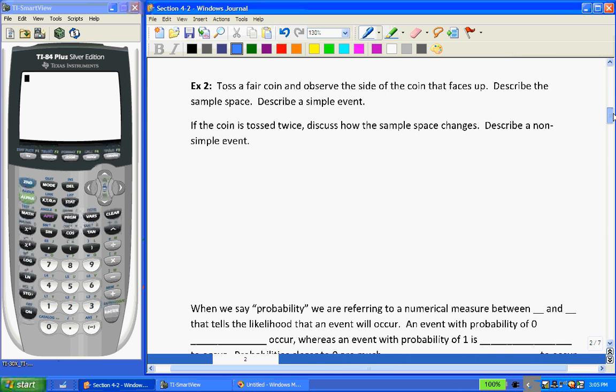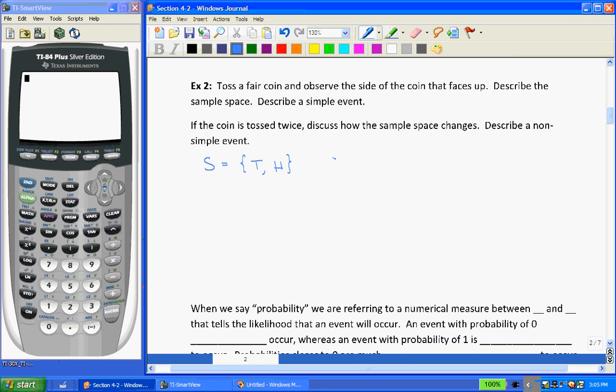Okay, example 2. Toss a fair coin and observe the side of the coin that faces up. Describe the sample space. Describe a simple event. So the sample space, there's only 2 possible outcomes. Again, I'm going to define my set with braces. It could either come up tails, so we'll use a T for that, or heads. That's the only possibilities.